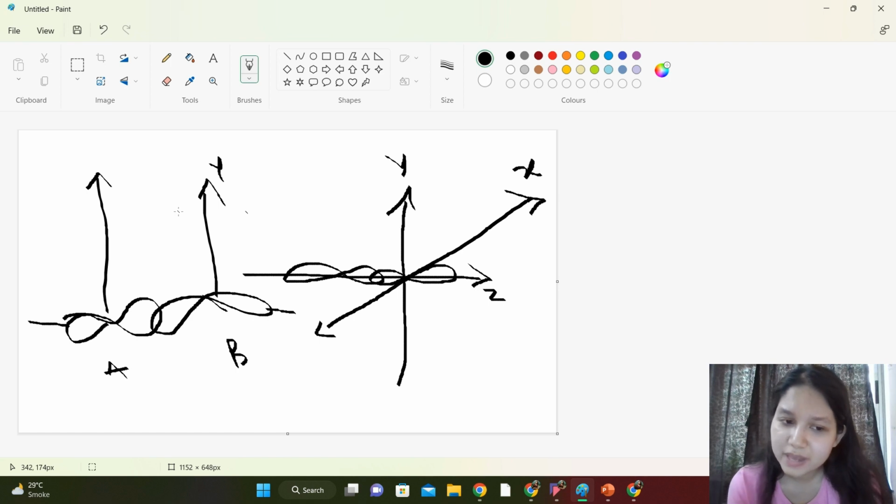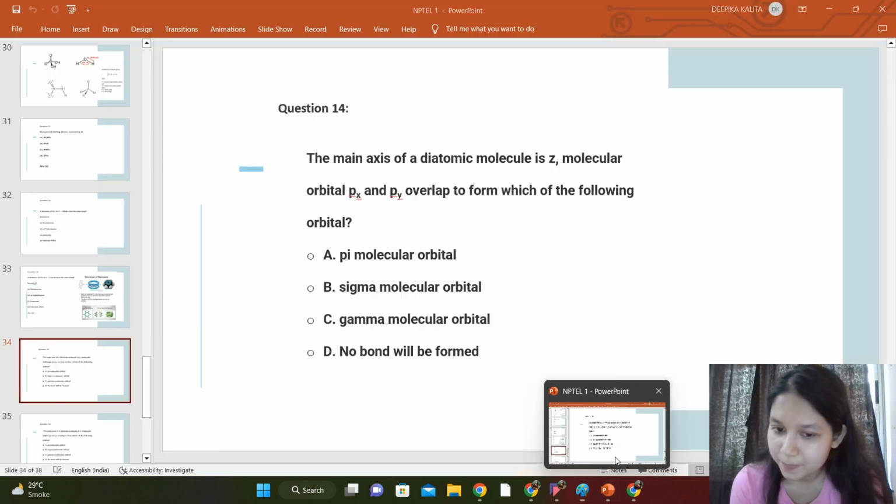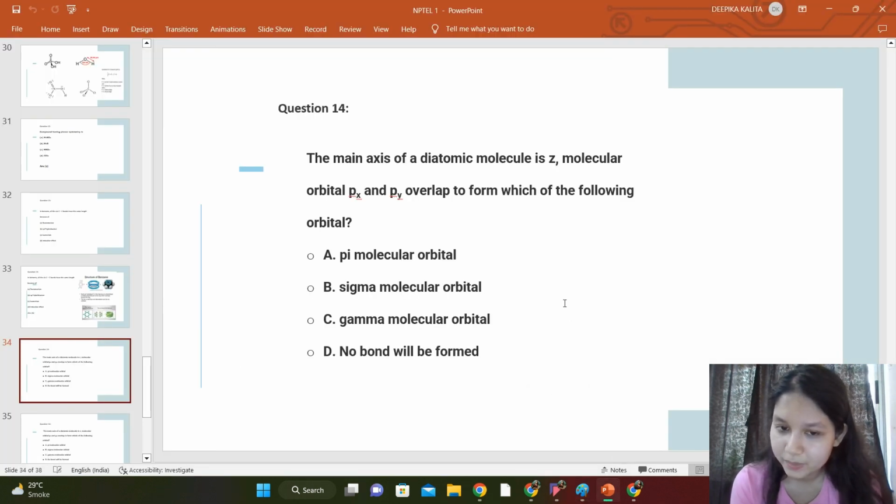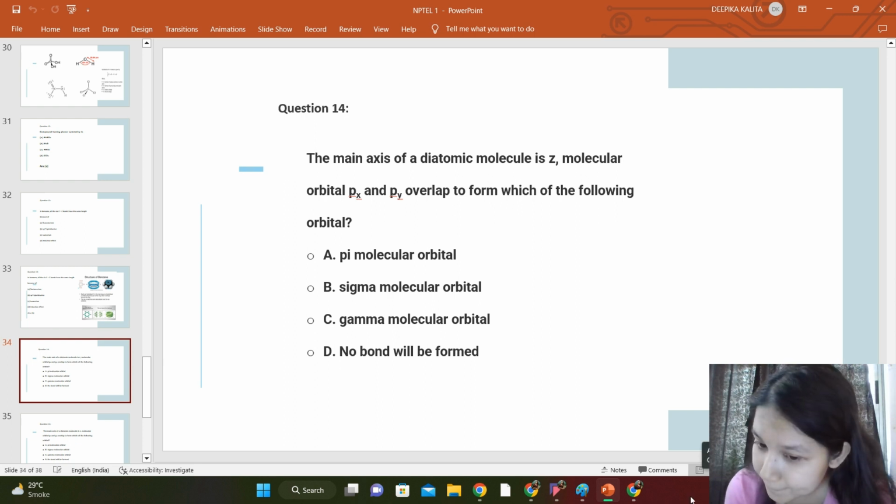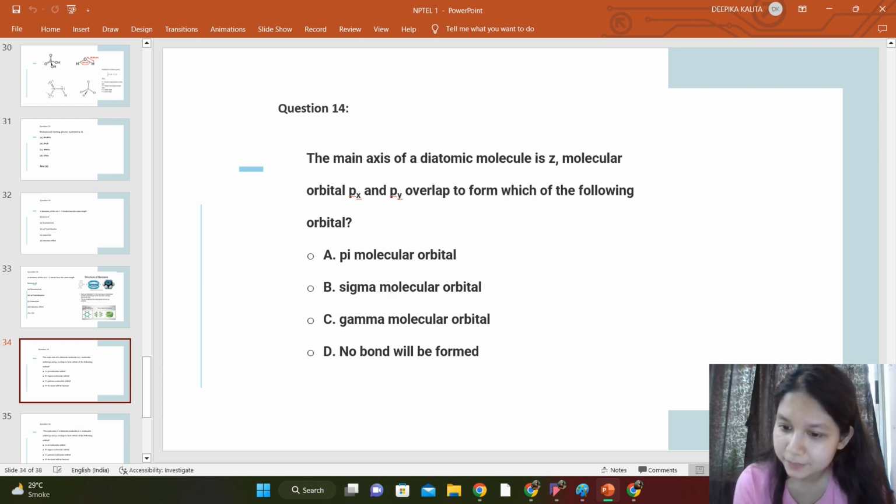What kind of interaction will it give? Is it sigma bonding or is it a kind of pi interaction? What kind of overlap will it undergo? Anyone? Yes? Which option did you say?